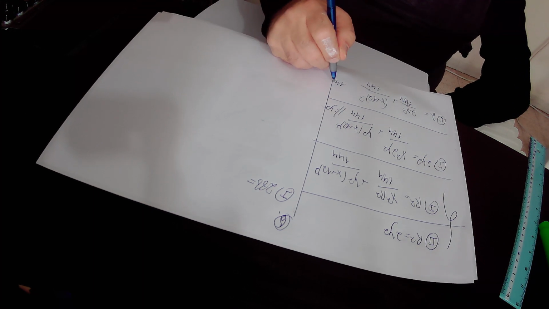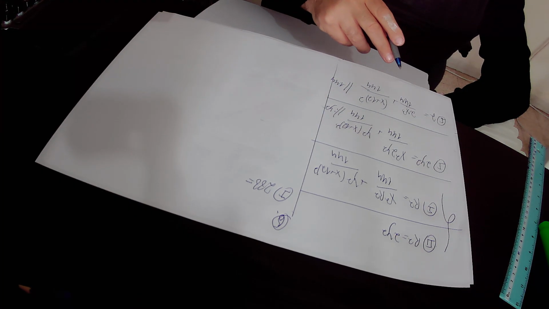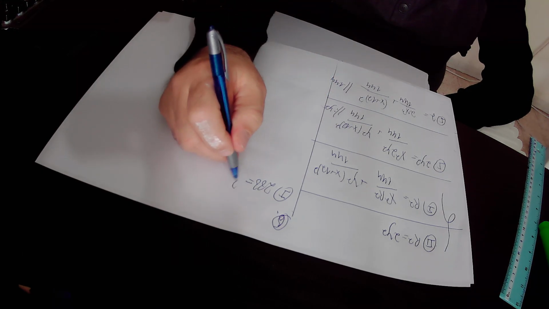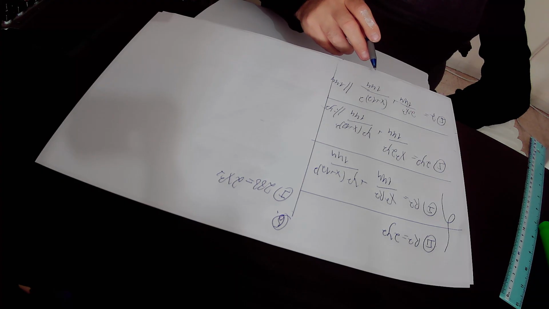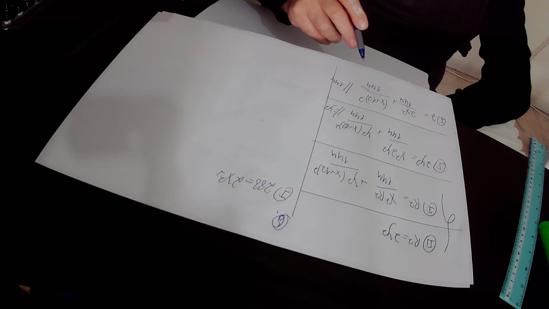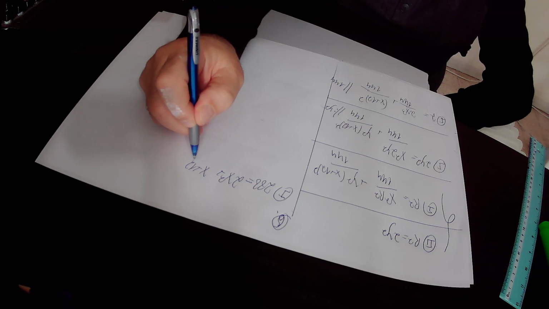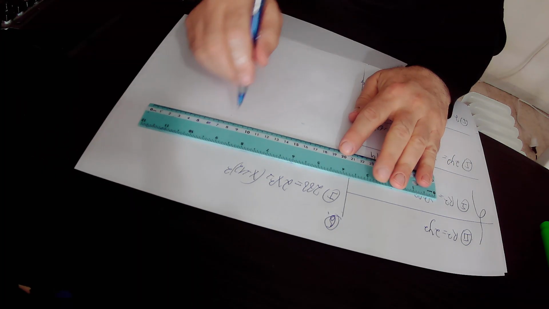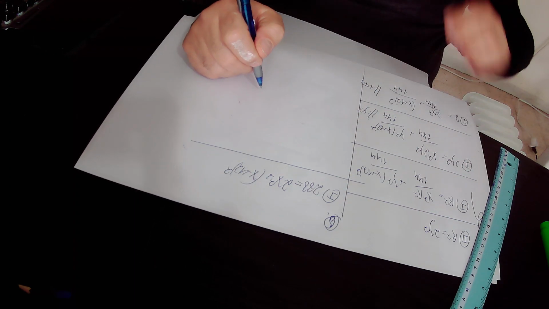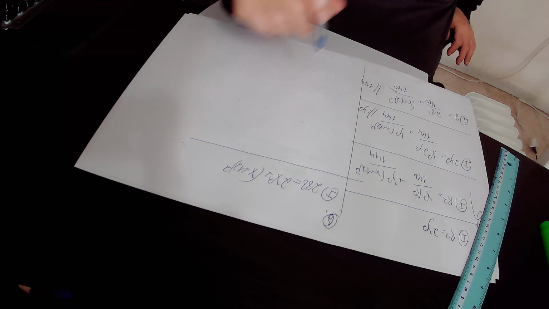After we multiply the equation by 144, the 144 in the denominator will get cancelled, and we are left only with 2x squared, plus here we have also 144 in the denominator in this expression, so 144 will also get cancelled after we multiply the equation by 144, and we are left only with x plus 12 squared. According to equation 1, 288 equals 2x squared plus x plus 12 squared.